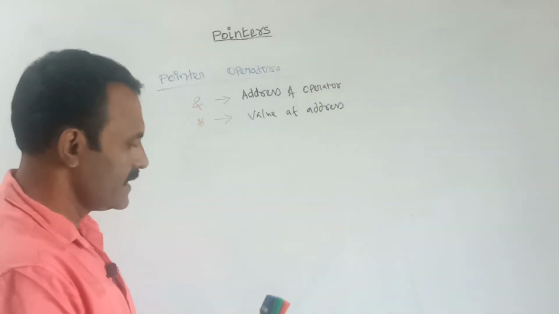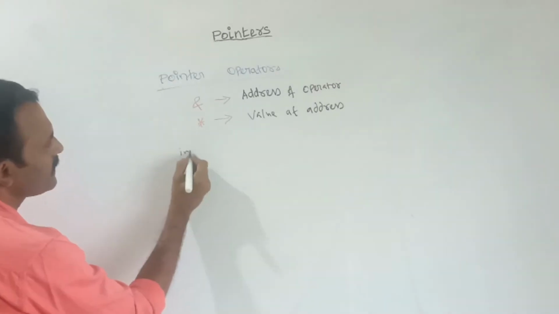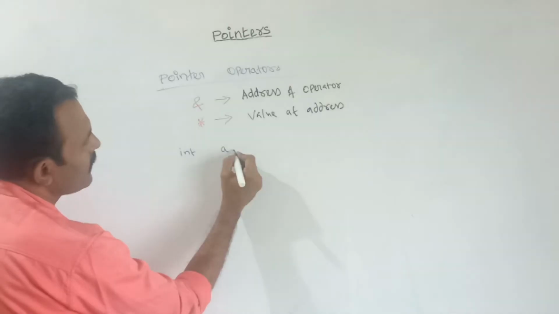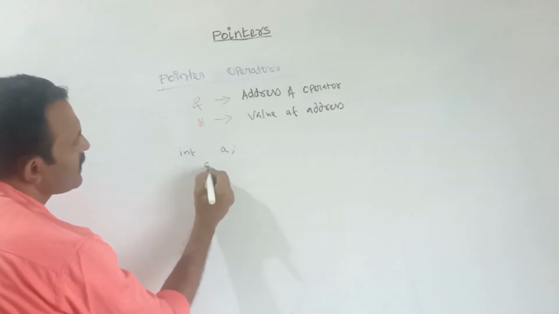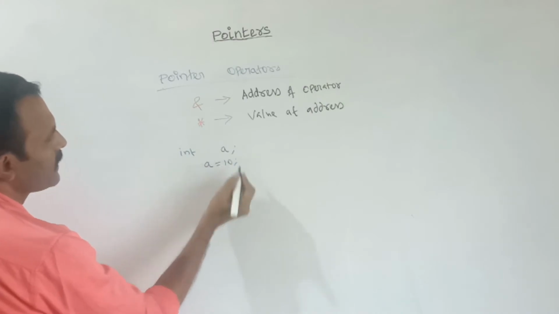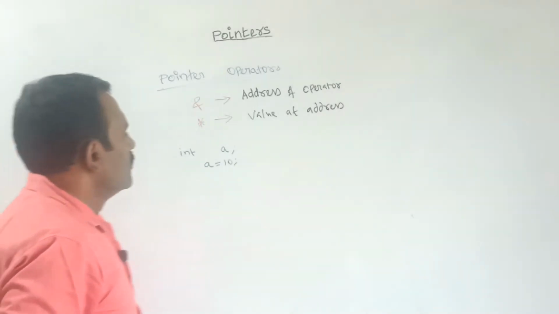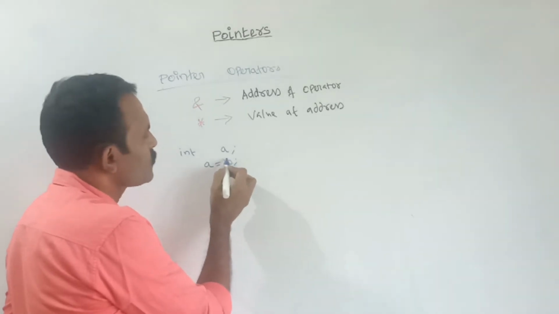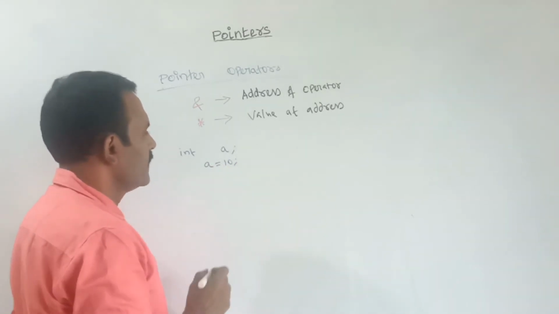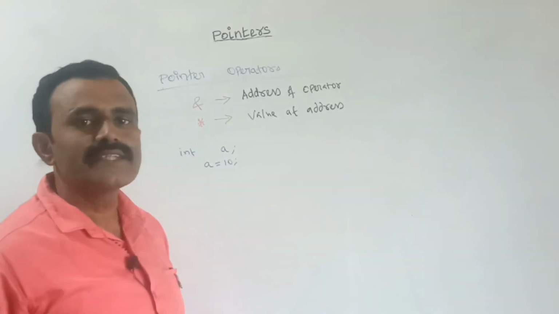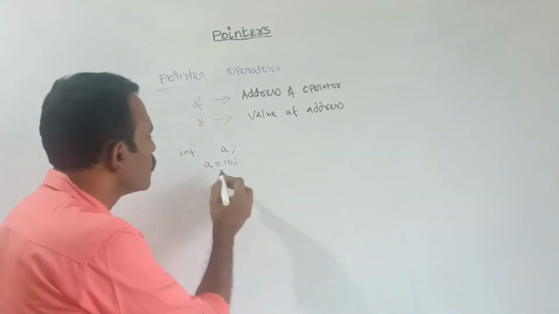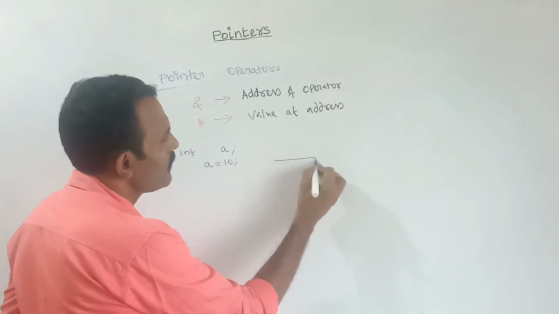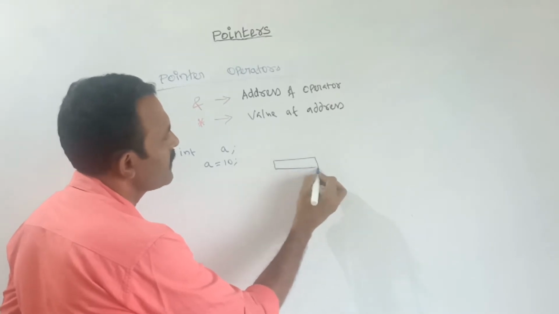Now let us see the example here. Integer a. If you are storing the value, a is equal to 10. Suppose you are declaring integer a and a is equal to 10, you are storing the value 10 to a. This declaration tells the compiler to reserve memory space for a.